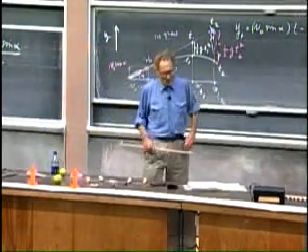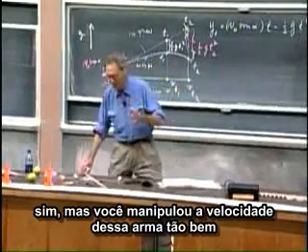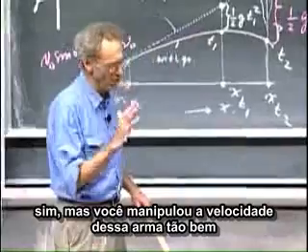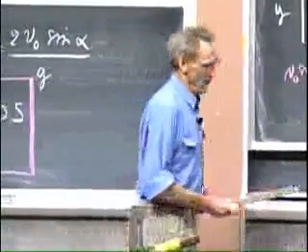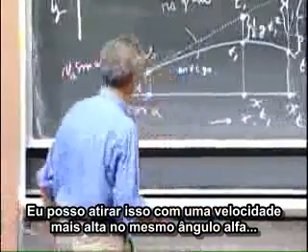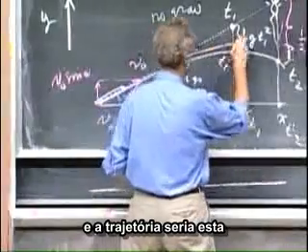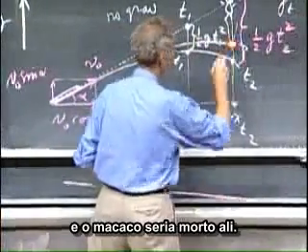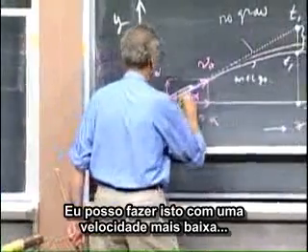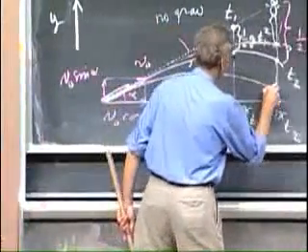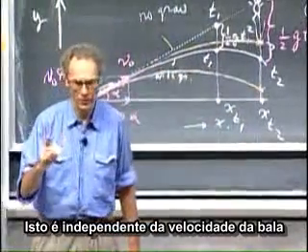You may say, well, yeah, but you have manipulated the speed of that gun just so nicely. Oh no. I can shoot that with a higher speed at the same angle alpha, and the trajectory would be this, and the monkey would be killed there. I can do it with a lower speed, and the monkey would be killed here. It's independent of the speed of the bullet.